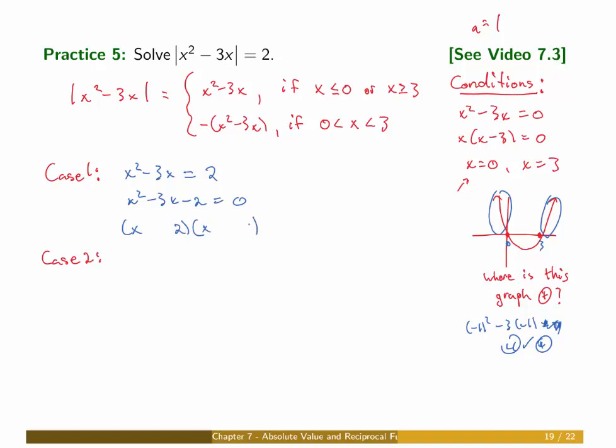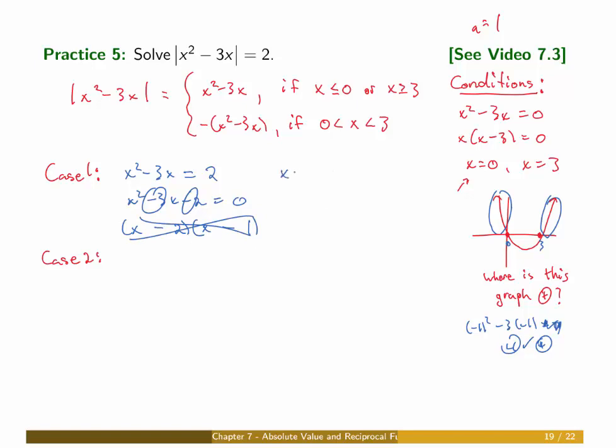Our factors are 2 and 1, which doesn't appear to work because we need x equals negative 2. Sorry, we need negative 2 times 1 to be positive 3.